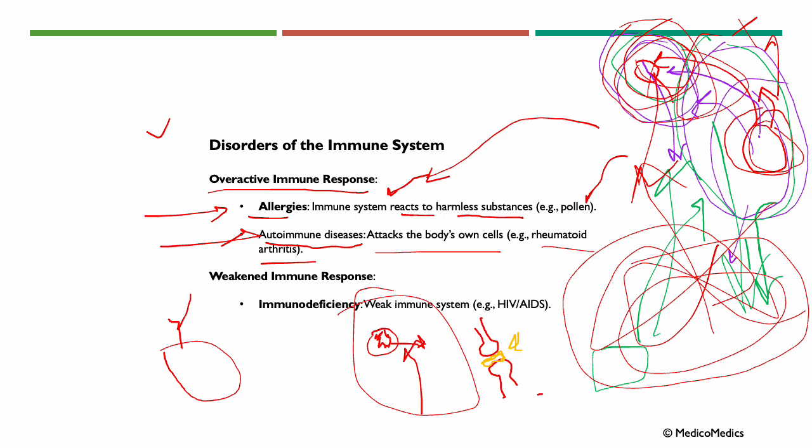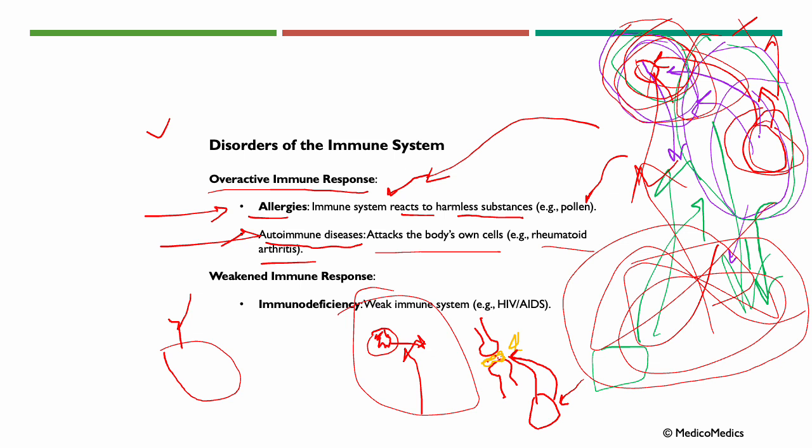But for some reason, your immune system has developed autoimmunity, and whatever these fluids consist of, those cells have become the target of our immune system. So it will over time destroy this fluid. And then patients will present with, for example, rheumatoid arthritis.